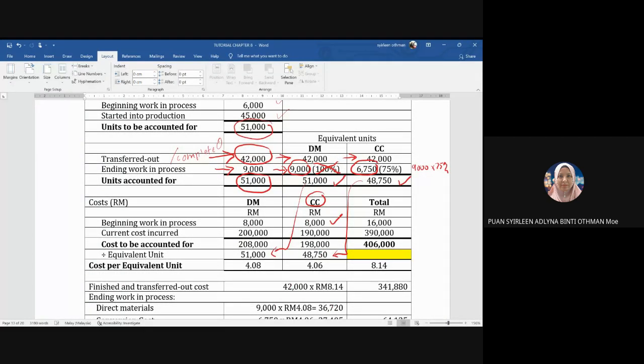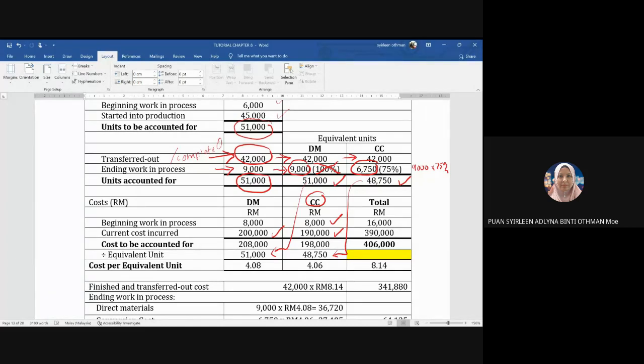Alright. Okay, lepas tu current cost incurred untuk department 1. Current cost direct material 200,000. Okay, untuk conversion cost, dia punya cost ialah 100,000 untuk direct labor plus 90,000 untuk factory overhead. That's why you dapat 190,000.